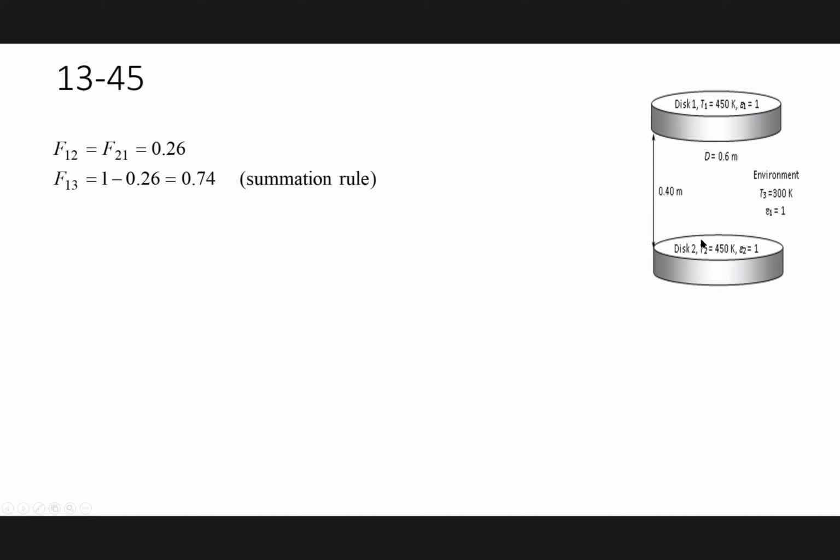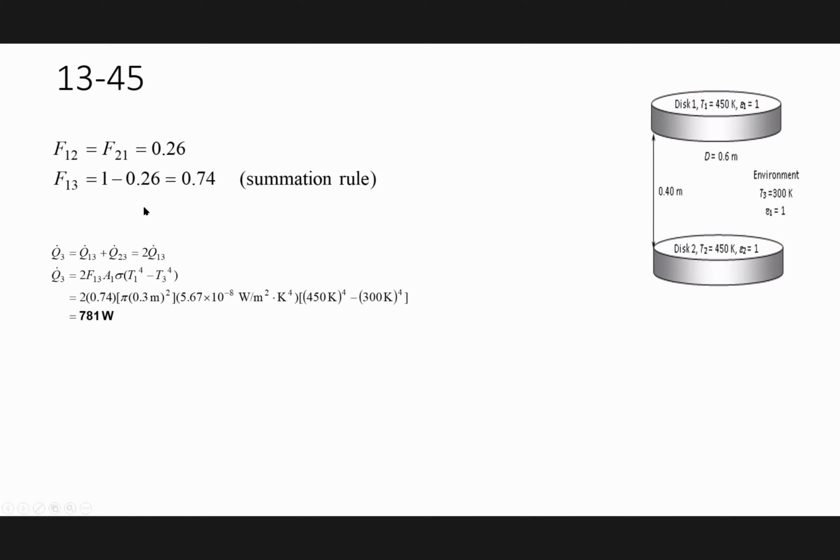Radiation comes out from here to the outside, and from here to the outside. Since you know the temperature here is 450 K and the surrounding environment is 300 K, you can easily write the energy exchange between disc 1 or disc 2 and the environment. But since there are two of them, you can multiply by 2.